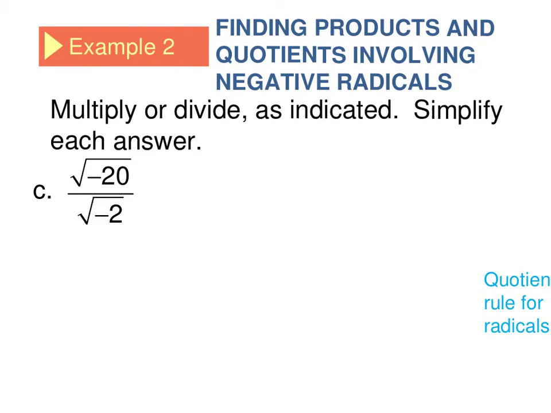Alright, here we have some we're going to divide. Remember, we're still going to take care of those negatives first by taking out i's. So this is going to be i root 20 divided by i root 2.